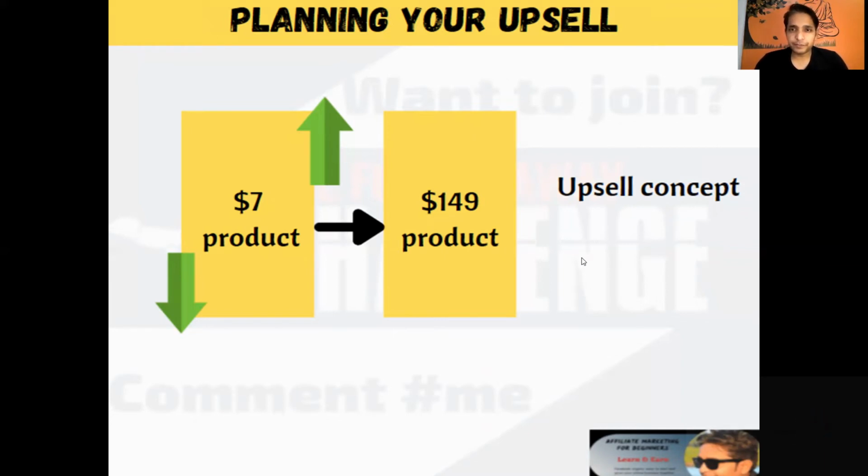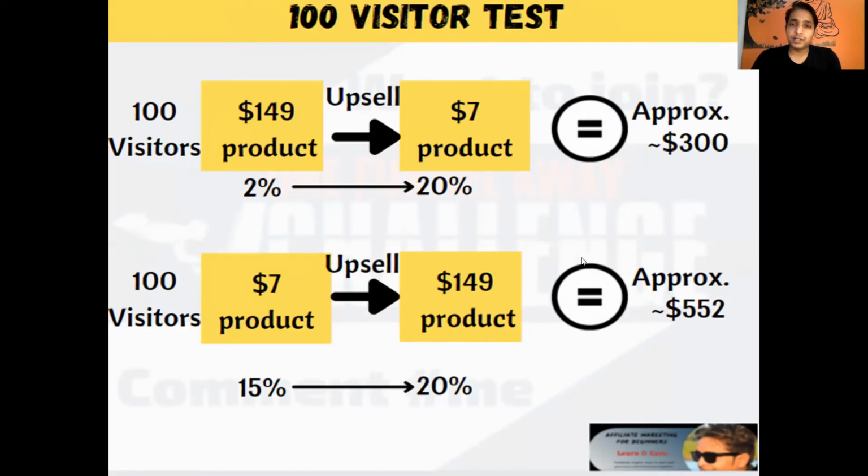They ran a 100-visitor test, and in that test they offered the $149 product in the first place, with the upsell at $7. What they noticed is that only 2% of the people out of 100 bought that $149 product, and out of that 2%, only 20% bought the upsell.